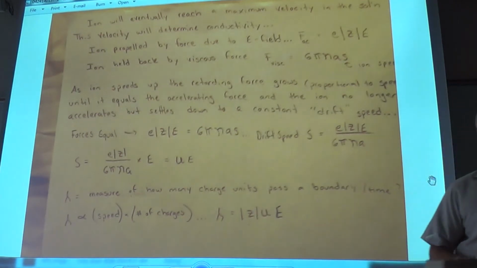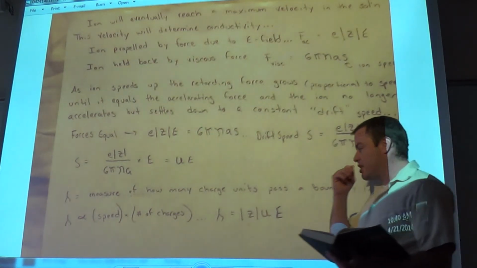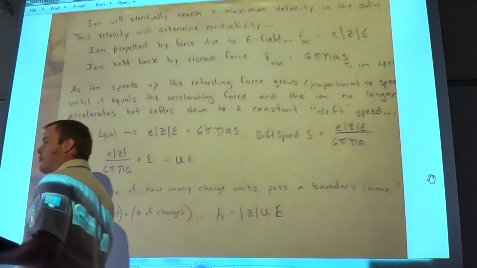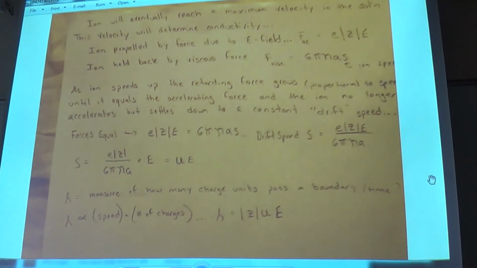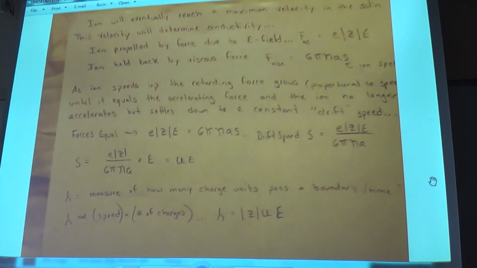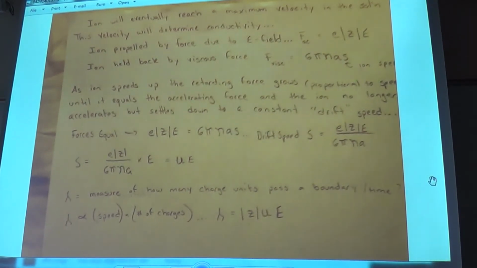I think that kind of wraps up, it felt anticlimactic, that kind of wraps up what we need to talk about in terms of mobility. You're going to have a homework problem, and you'll see that the conductivity of weak acids can be used to determine the Ka values, the dissociation constants.